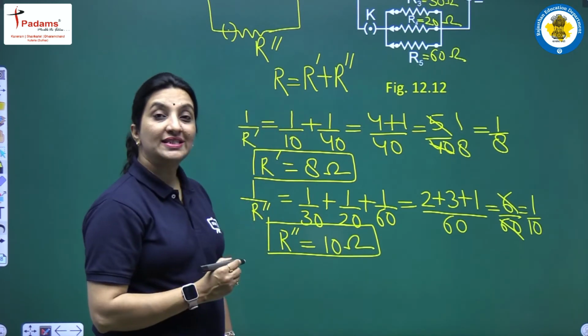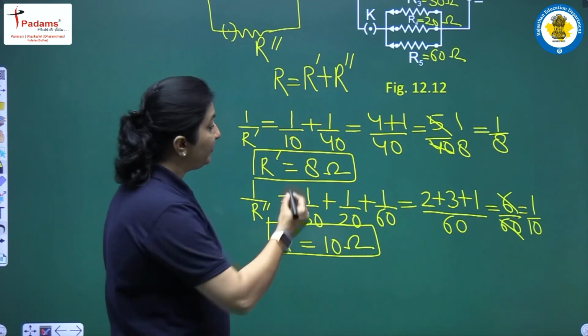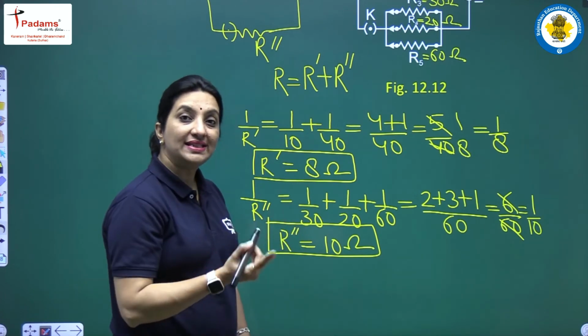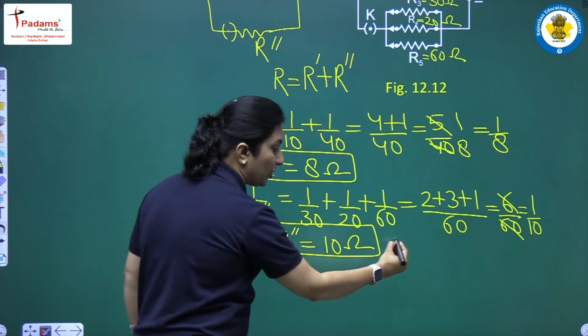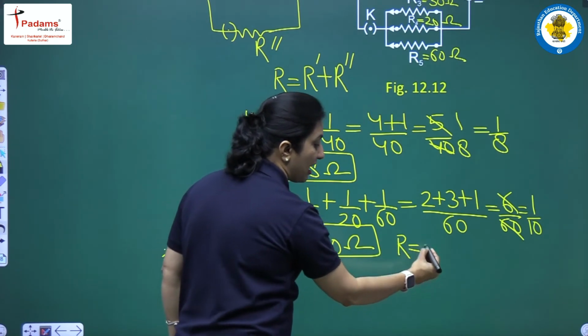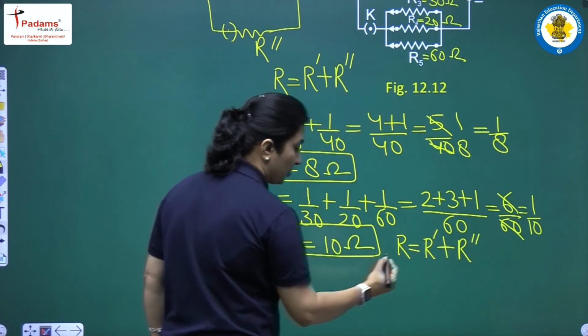So now students, the total equivalent resistance of these two combined in series, which we took as R. So R will be equal to R dash plus R double dash. So what we will have?